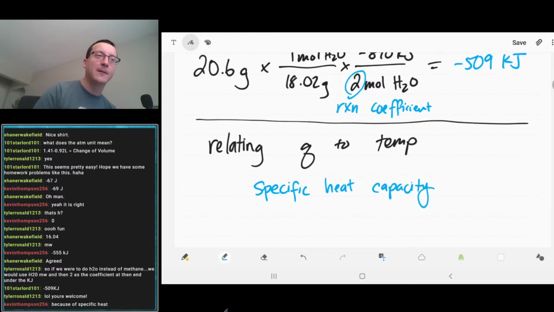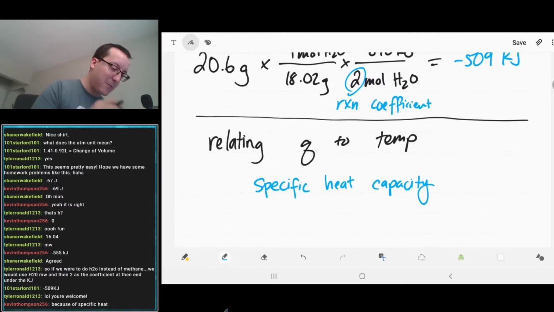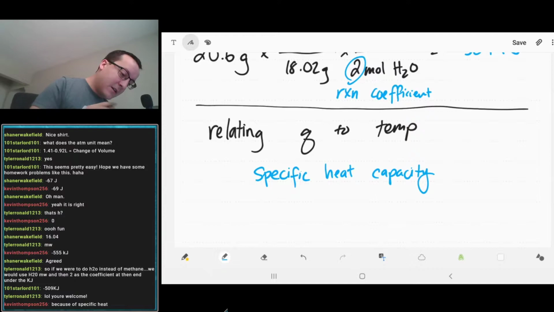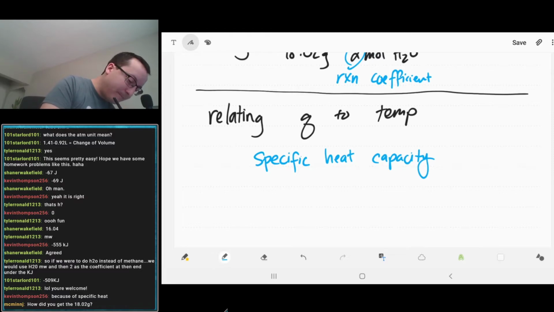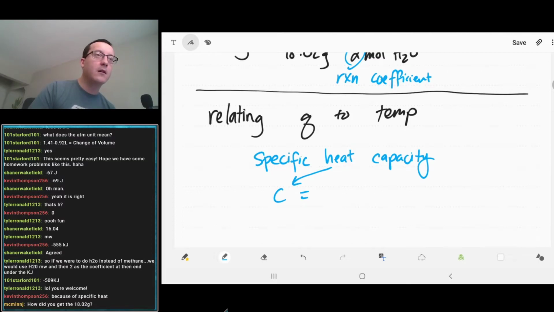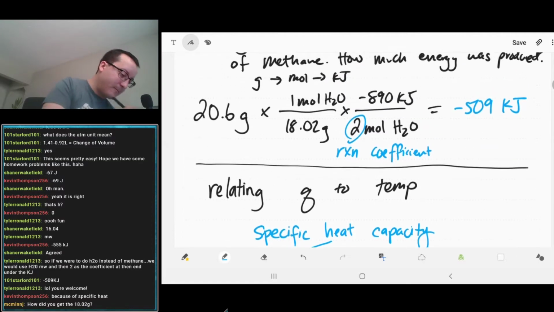Specific heat capacity. Yes, Kevin has already memorized all of chemistry, so he's going to be teaching today. It's represented C, by the way. That's the molar mass of water.